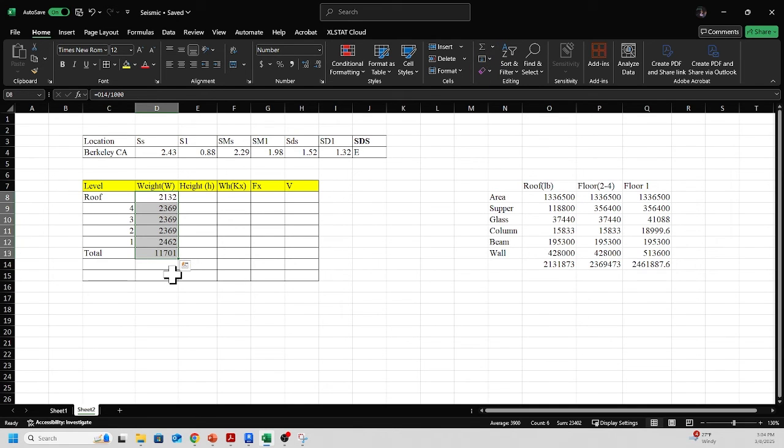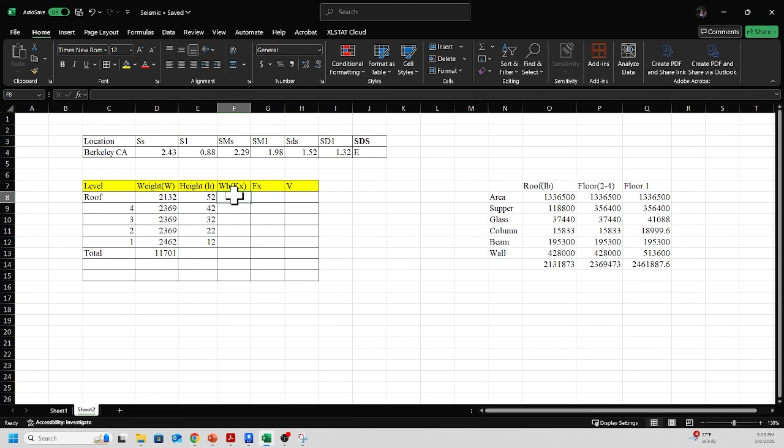So the total weight of the building is 11,700 kips. And now I'm going to say the height of this was 52. The height of this one was 42, and 32, 22, 12.